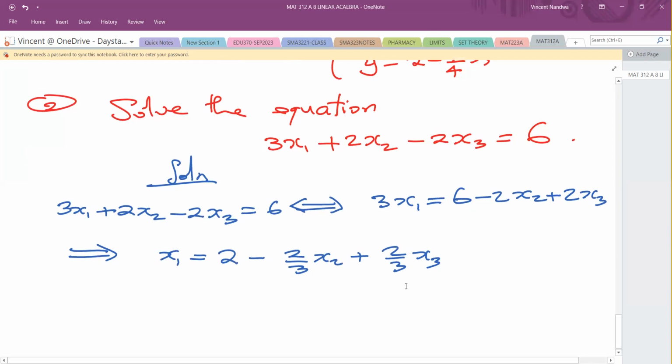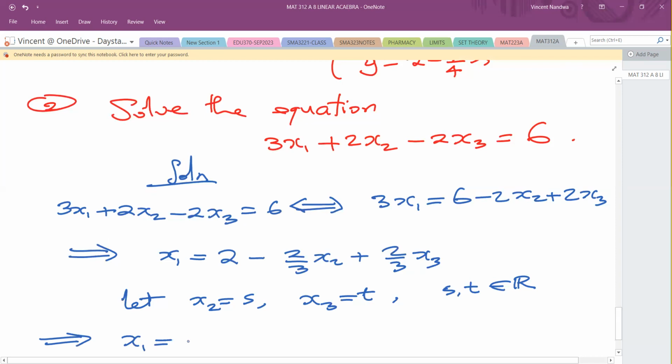Remember, x1, x2, and x3 are different variables. So when you start fixing, you fix with different letters, x2 and x3. So you say let x2 be s, x3 be t, where s and t are arbitrary real numbers. So that implies that x1 will be 2 minus 2 over 3 s plus 2 over 3 t.